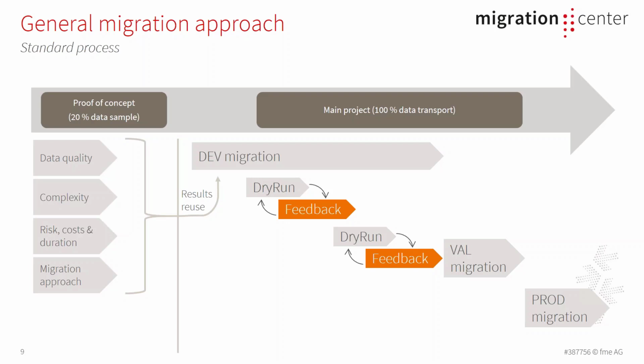After a couple of dry runs are done, there's a validation migration, where no errors shall occur, and then the production migration, which goes into the production system, and definitely there are no errors anymore.